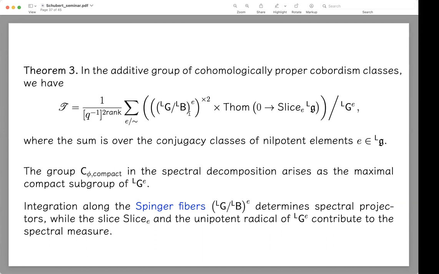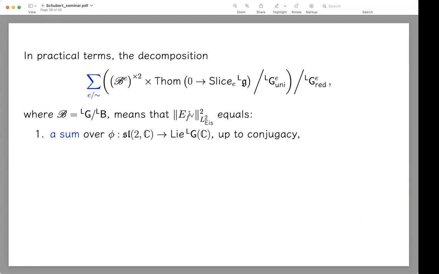So maybe I'll explain what this means in technical terms, spending a minute on it. What does it mean in terms of spectral decomposition, this decomposition of the stack? We wanted to spectrally decompose some space.